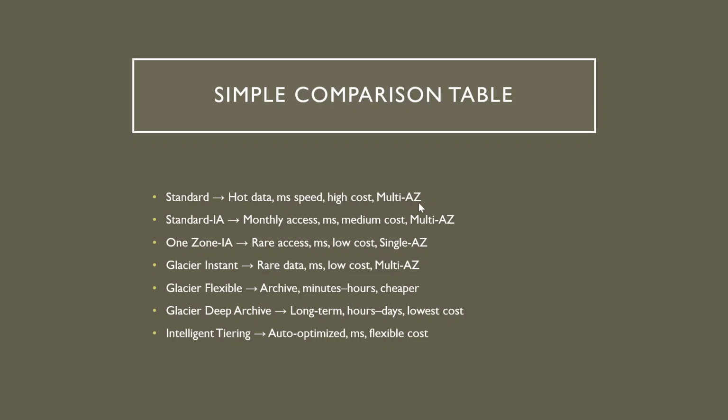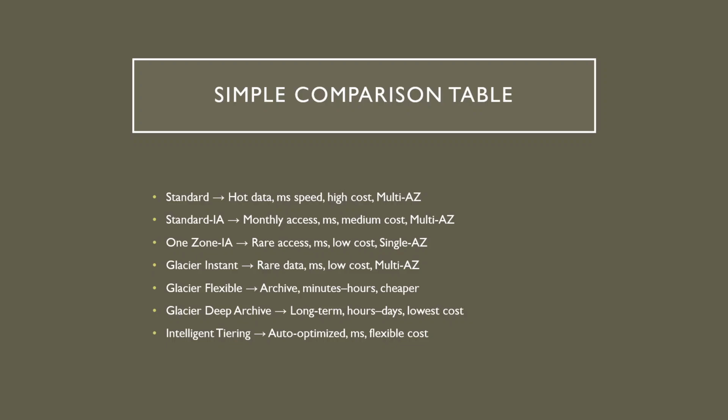Here you can see, if we need rare access, then we'll go to Standard IA: monthly access, medium cost, and also copied across multiple availability zones. So in this way you can compare all of these. This is a very important slide. You can take a screenshot.